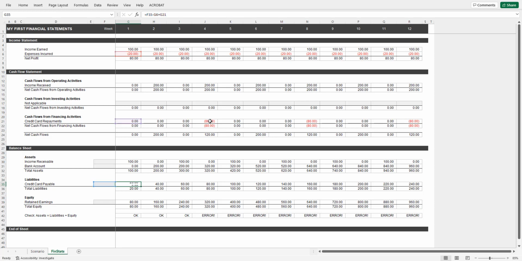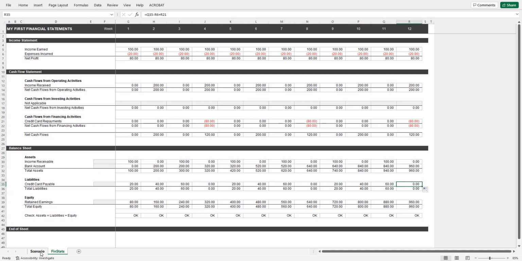So when I press enter, I'll drag that across, and now we're back to being okay in our balance sheet because you'll see that the liability builds up, and then as we make our repayment, it's extinguished, and then it builds up again, extinguished, builds up again, extinguished.